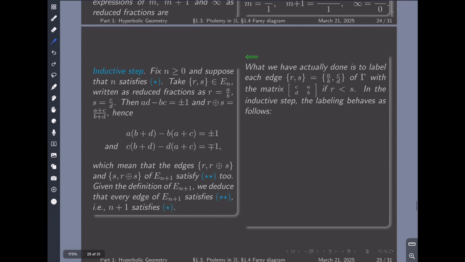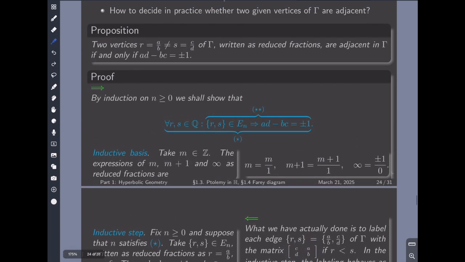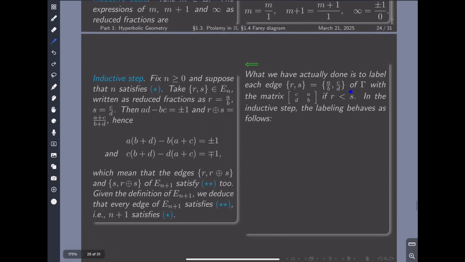I label it with the matrix A, B, C, D if I'm writing R before S, but if I'm writing S before R, it's C, D, A, B. How can I make a choice? Just write S on the right whenever it's bigger, in which case, to have positive determinant, we label it writing S first and then the smaller in the second column.